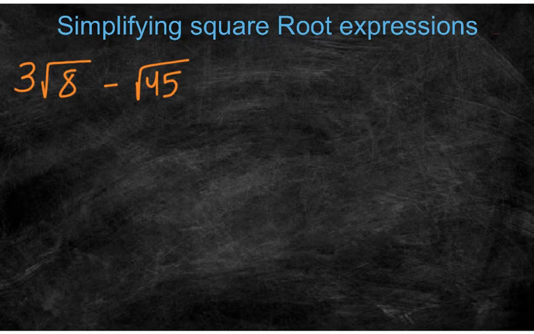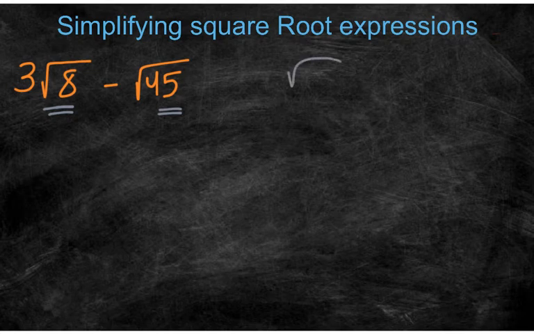But don't forget, sometimes radicals do not appear to be like until they are simplified. So we need to simplify these radicals and then see if they are like or unlike radicals.